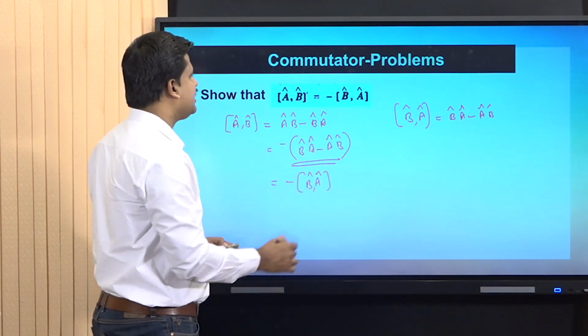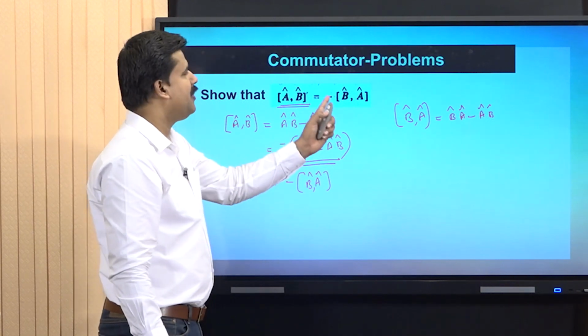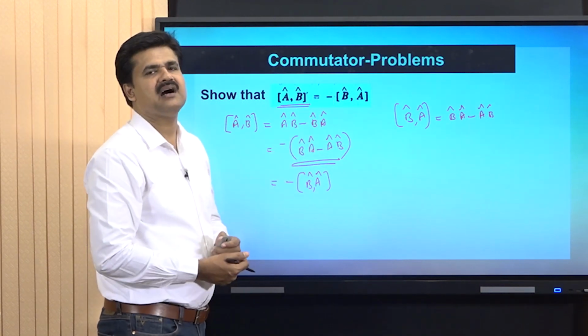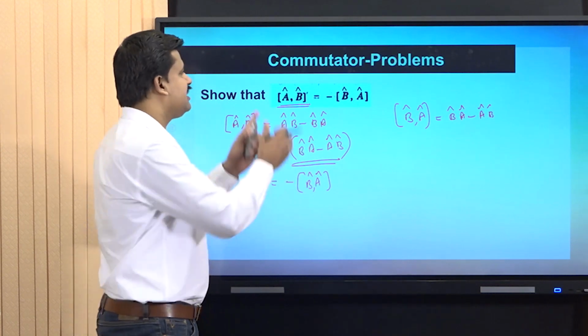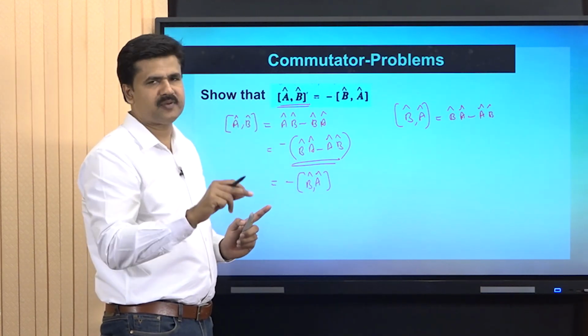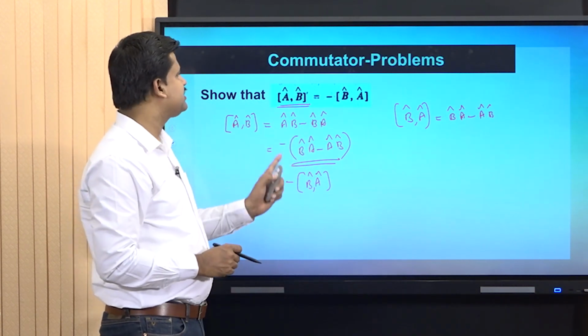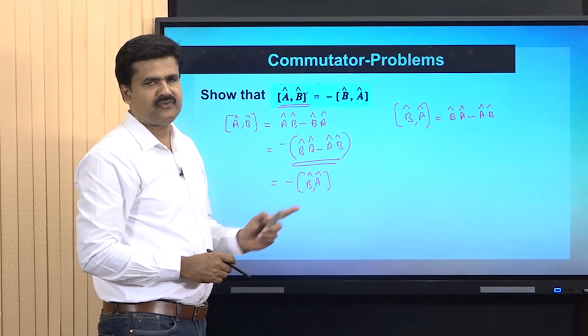Hence, we can say that the commutator of A hat B hat is equal to minus the commutator of B hat A hat. That means, inside the commutator, if we exchange the position of the operators, a negative sign will occur. This is about the proof.